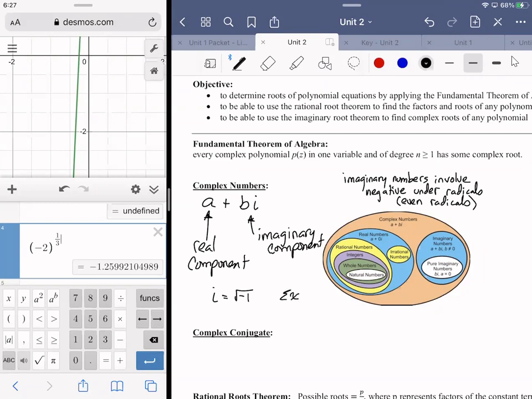For example, if I had the square root of -4, something very simple. If I have the square root of -4, I can break that up into the product of the square root of -1 and the square root of 4. The square root of -1 would become the i, and the square root of 4 would become a 2. Put them together, and you get 2i.